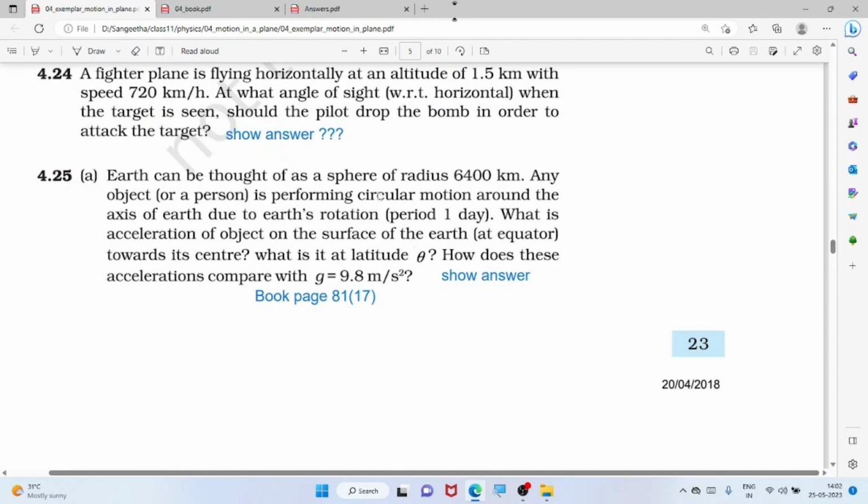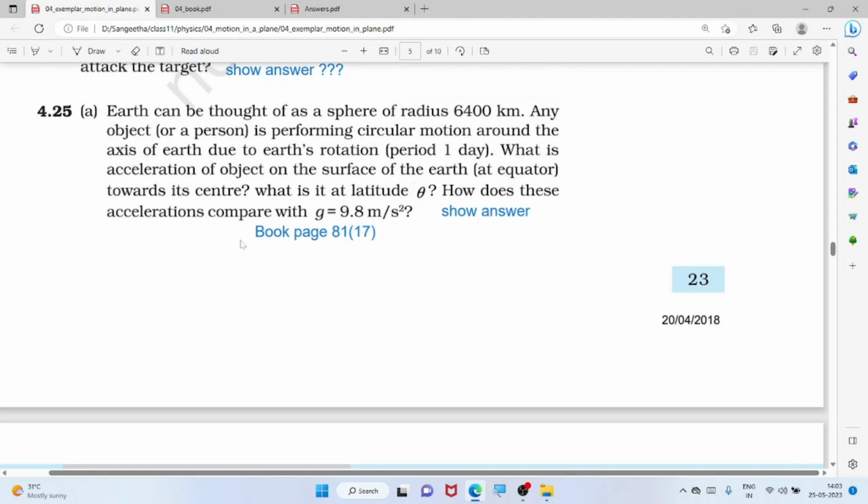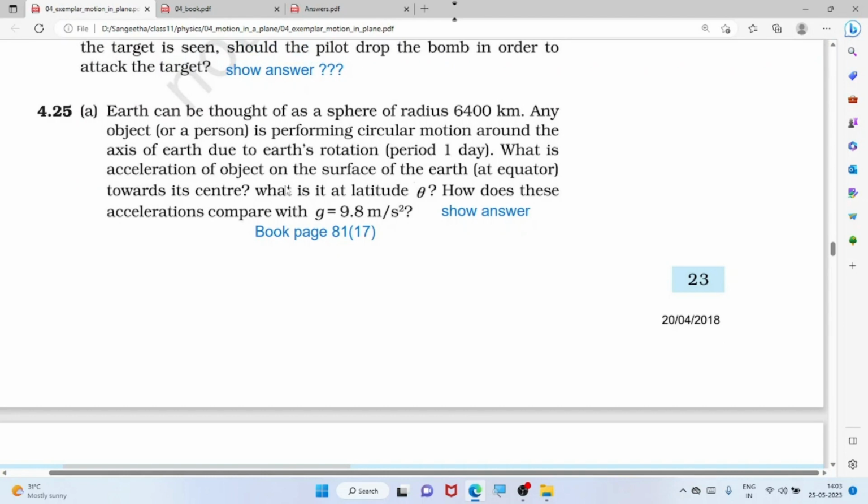Earth can be thought of as a sphere of radius this much. Any object or a person on it is performing a circular motion. So what is the acceleration? This is uniform circular motion. What is the acceleration and what is the direction of the acceleration?